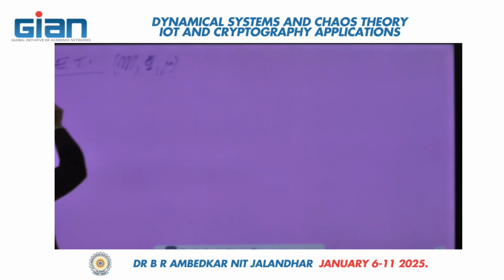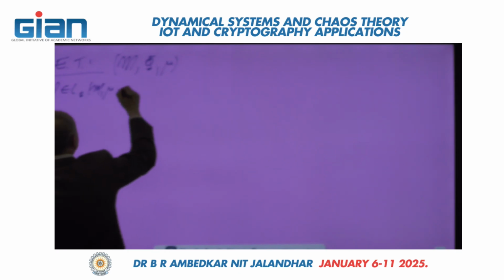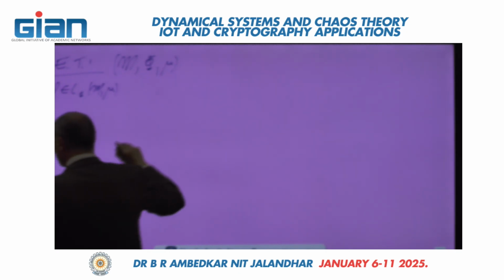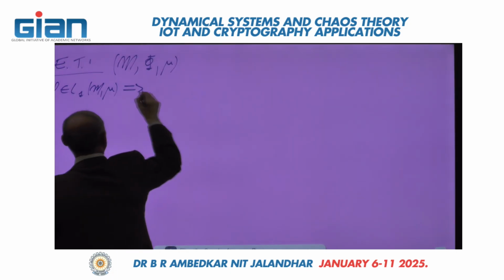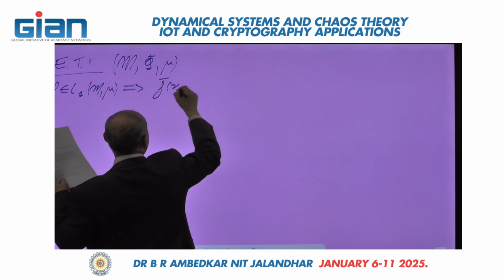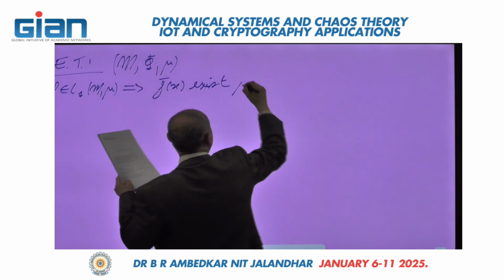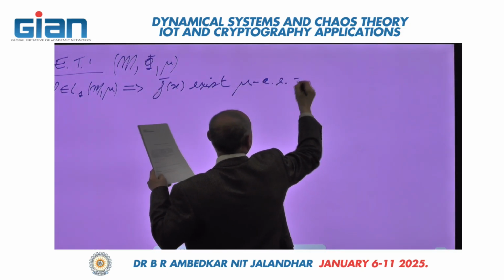Then you have this, A. For f in L1 of M and mu, what you have is that time averages exist for mu almost every x.